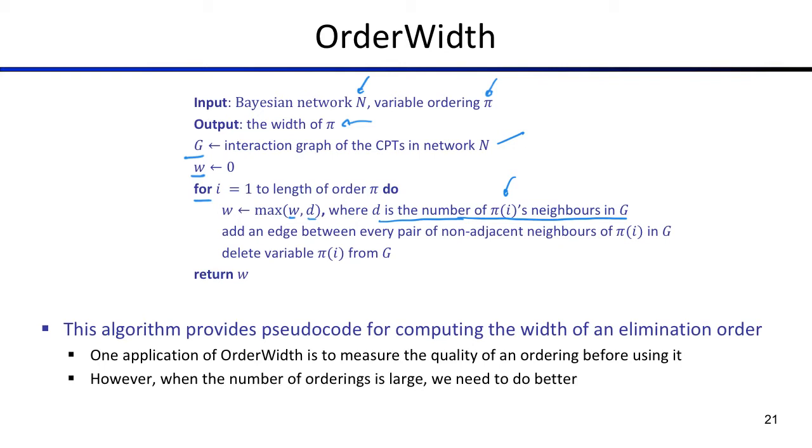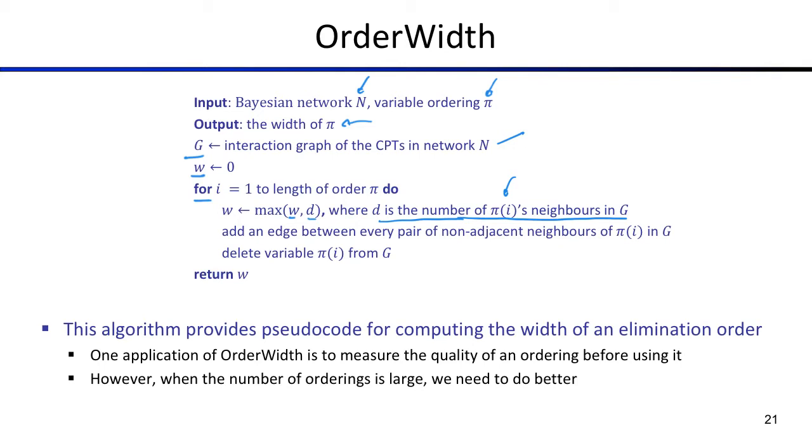So basically what we are doing is measuring the number of factors that we have when we multiply all the factors that mention variable pi together, by counting the number of neighbors that this variable has in the interaction graph.